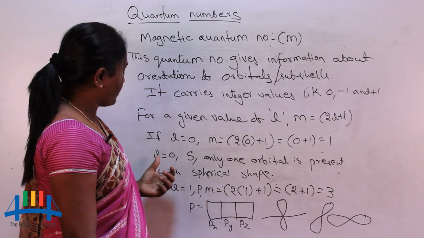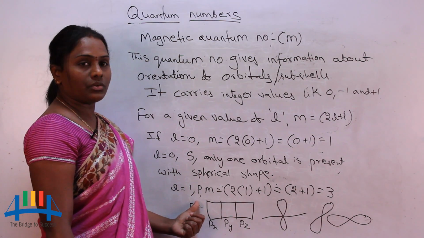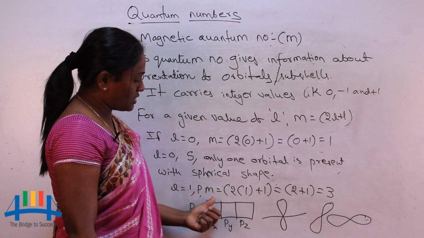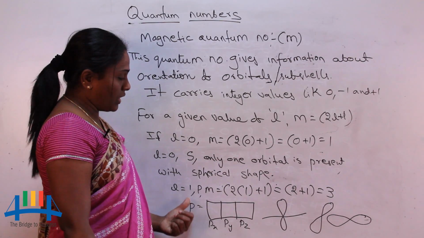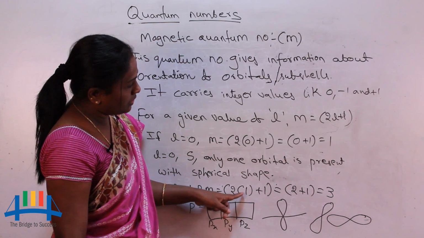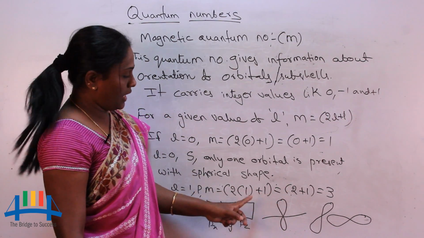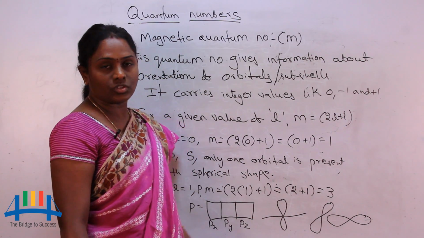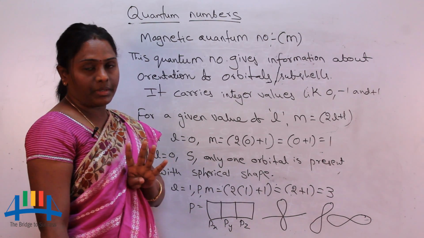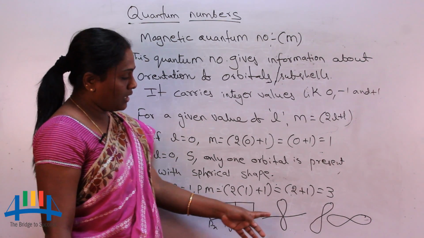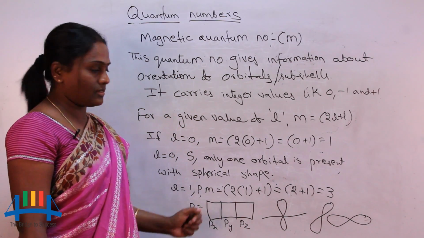In the same way, if l is 1, then its subshell is p, and m is equal to 2 into 1 is 2, plus 1, that is 3. That means the p subshell carries 3 orbitals with orientations along its x, y and z axes.